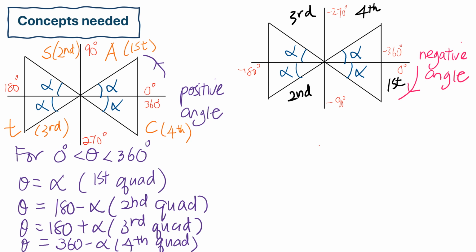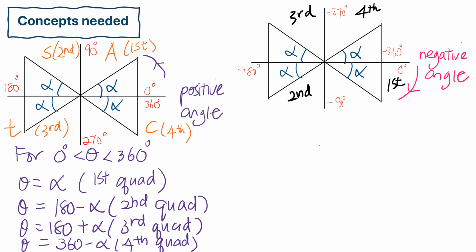All right. So the ASTC remains the same. That means in the positive angle, in the first quadrant, all your trigonometric ratios will be positive.